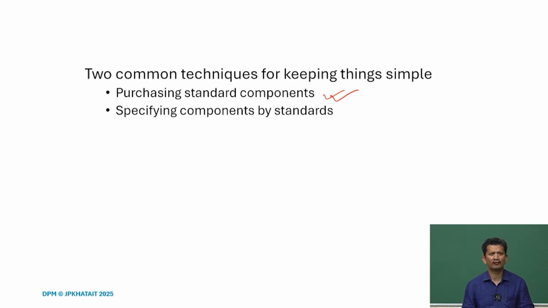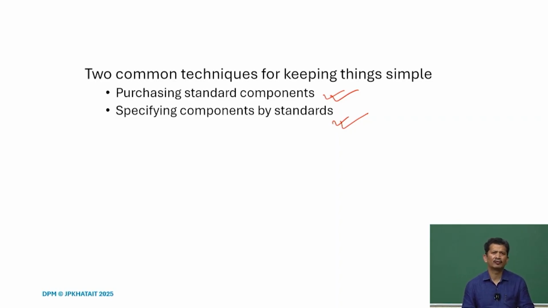We follow the guidelines, and then we simply select those components based on our loading conditions and requirements, and use them. So we don't have to design everything, calculate everything, or manufacture everything. If that is not possible, then we specify components using standards.